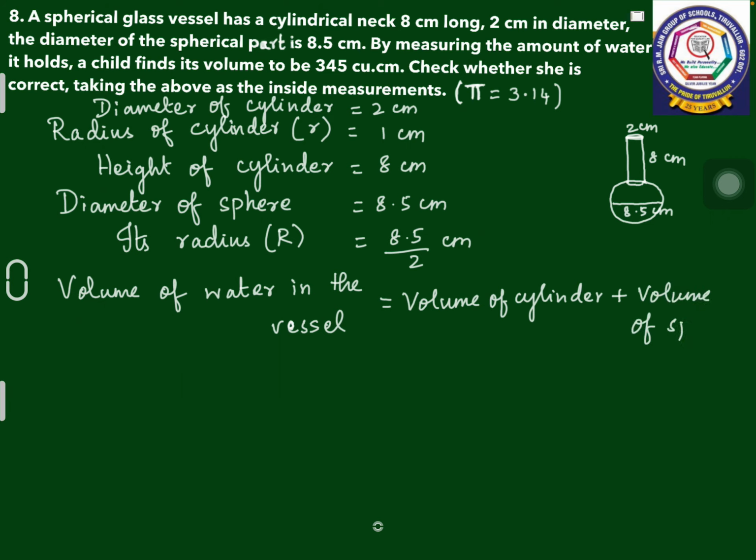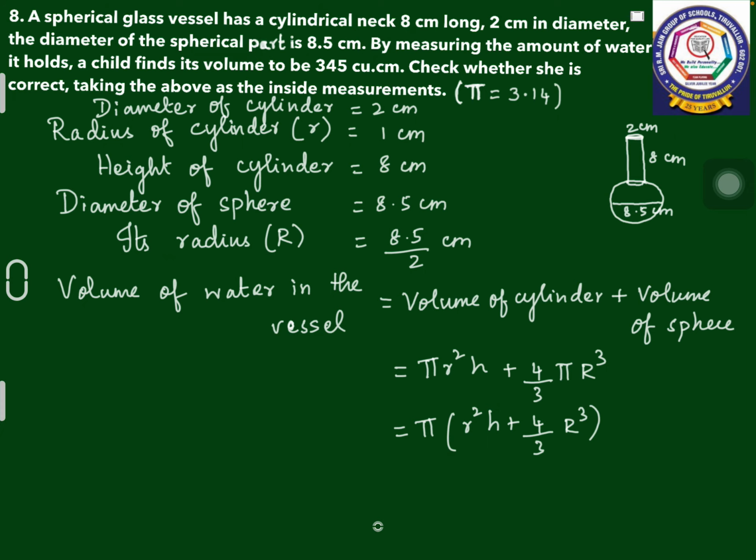You have to add both the volumes. What is the volume of the cylinder? Pi r squared h, plus what is the volume of the sphere? 4 by 3 pi R cube. So in this pi can be taken common: r squared h plus 4 by 3 R cube.